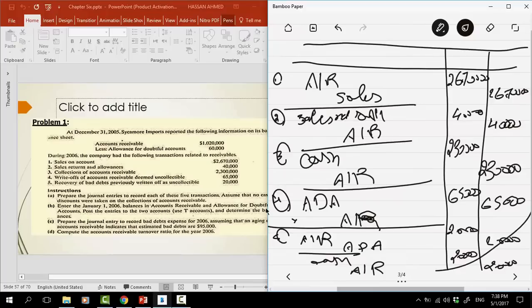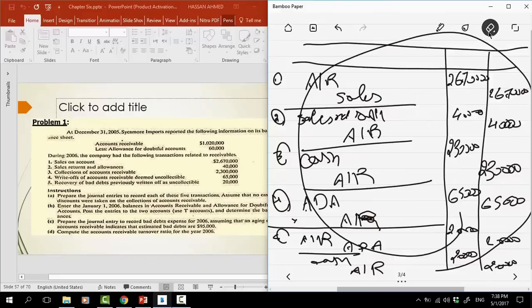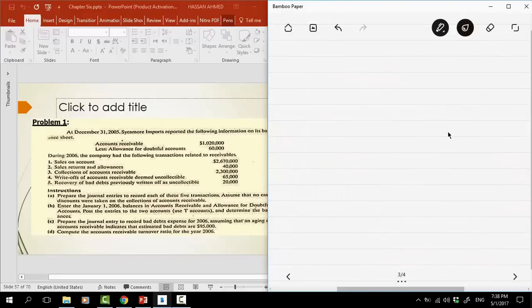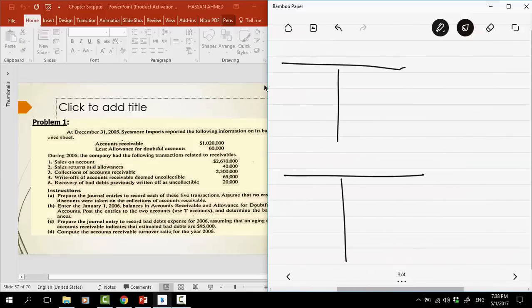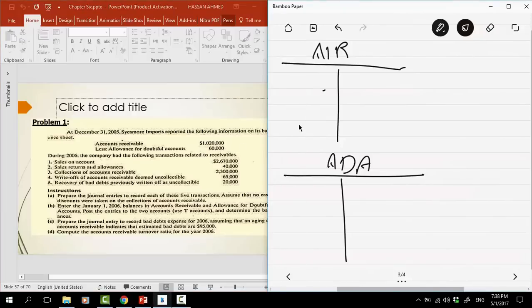I will post all these transactions in the general ledger of accounts receivable and ADA. Okay, this is the accounts receivable and this is the ADA. The most common mistake committed by students is that they forget about the beginning balance. The accounts receivable beginning balance is 1,020,000 and the beginning balance for the ADA is $60,000.